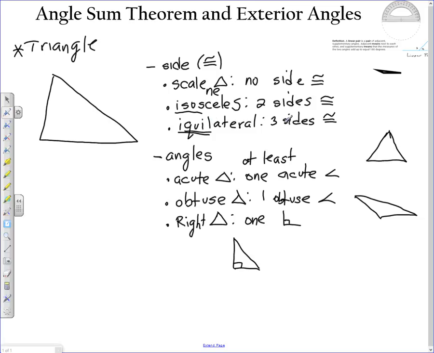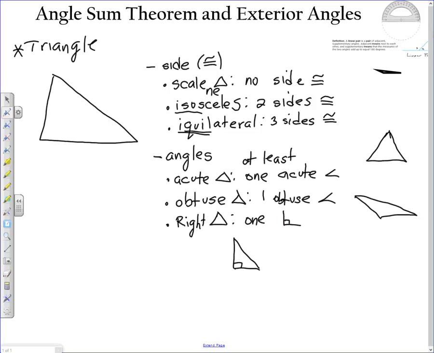And equilateral means three congruent sides. If I classify the triangle using angles, an acute triangle means at least one of the angles, or all of them, are acute. Obtuse means there's one angle that is more than 90 degrees, and a right triangle means one of the angles is a right angle.